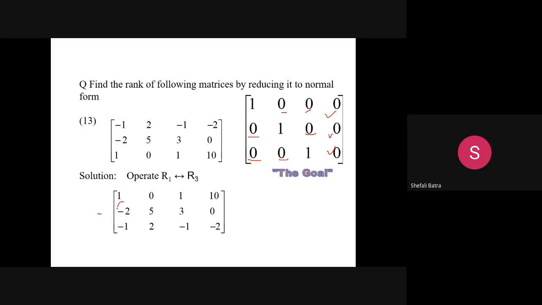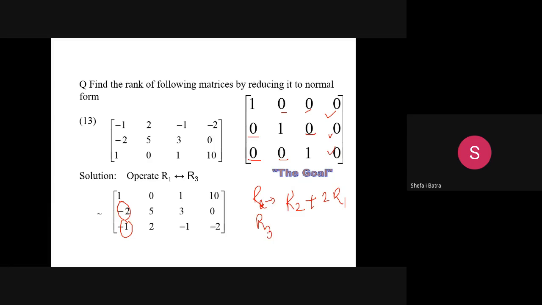After that, you need to make this 0 and this 0. For making both entries 0, we can use R1. So you will be applying the operation R2 becomes R2 plus 2 times R1. You'll be multiplying by 2 and adding into this.